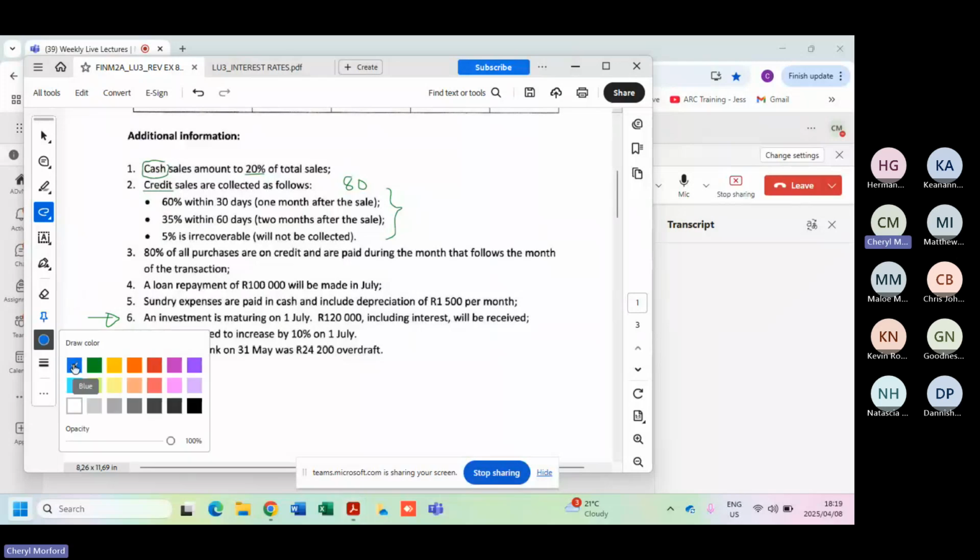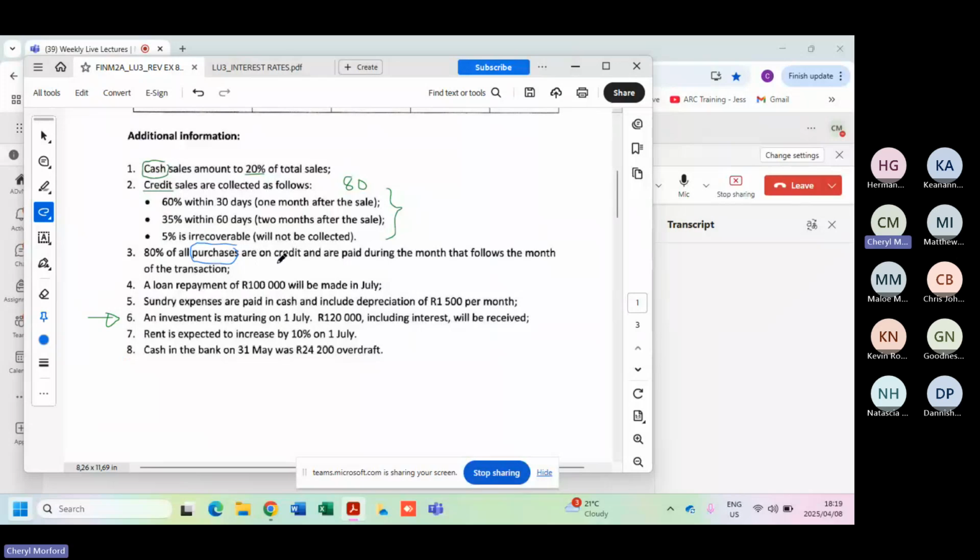Now let's have a look at the payments. So here we have one of the main ones. We'll always have purchases. It says some is credit. So what must you not then forget? Others will be cash. And then obviously you must get the split, 80-20.